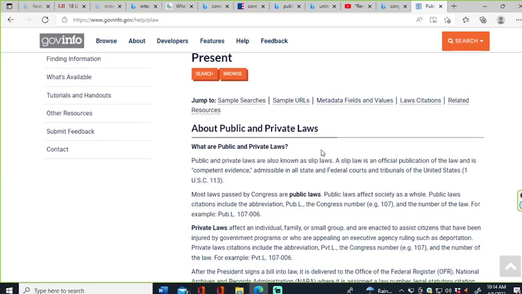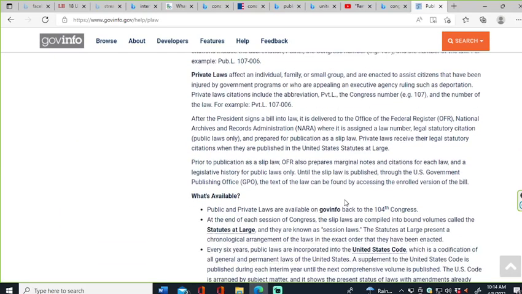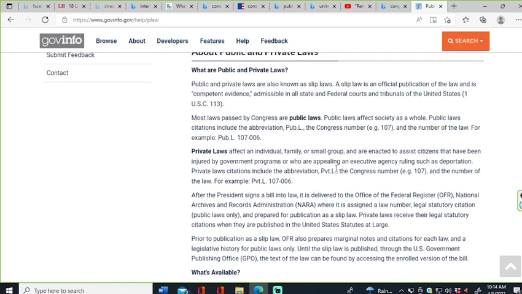Most of y'all deal in all of this public law, but there's such a thing as private law. Public and private laws are also known as slip laws.